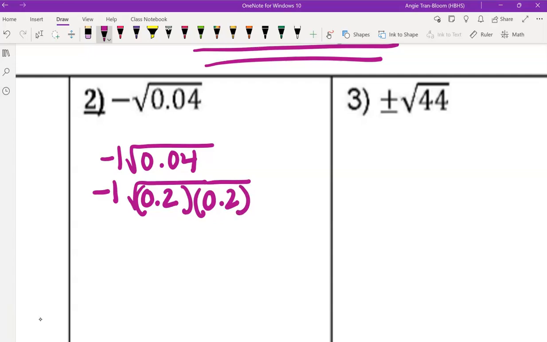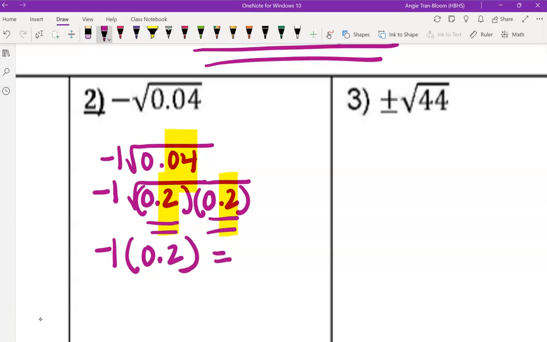If you guys remember, when you multiply decimals, we have 2 decimal places, so that's why it's 0.04. So that's going to allow us 2 identical numbers under the radical. We're able to simplify it out of the radical. So negative 1 times 0.2, final answer is negative 0.2. We don't need a calculator here because we are able to simplify that perfectly.